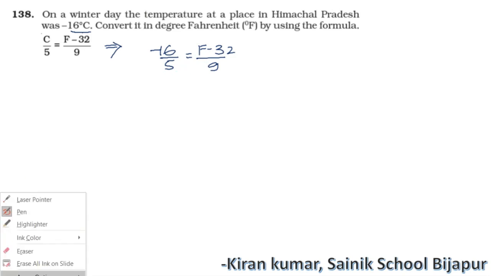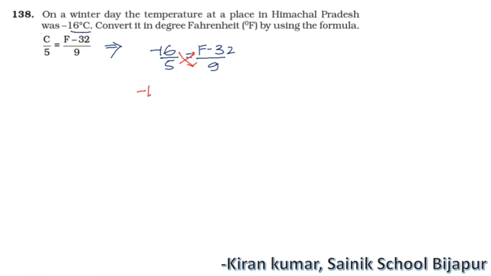So we require to do cross multiplication. So negative 16 has to be multiplied by 9. This will be equal to 5 times of F minus 32. We will make use of distributive property.